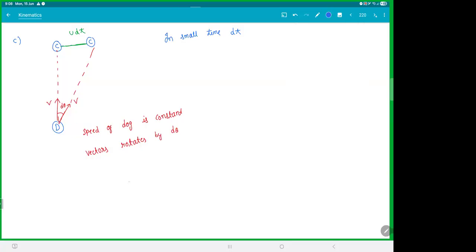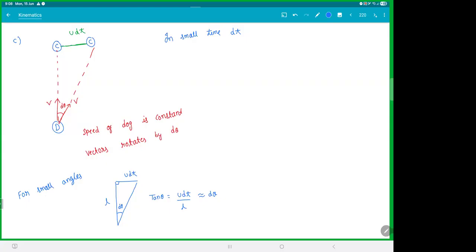Now, if you look at the triangle that we got, this is your d theta, right? This was your length L, and this is your u dt. So this can be written as tan theta, opposite side u dt by L. For very small angles, you can write this thing as approximately d theta. So this is one of the approximations you should know. Maybe you guys don't know this. So if you're seeing this for the first time, remember this.